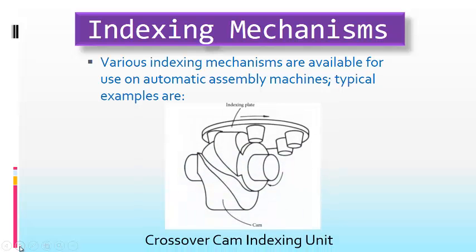Another one is called the crossover cam indexing unit, where the cam will move the indexing blade, which has pins, and the number of pins and the size of the cam will show the number of stations which can be used on this machine.